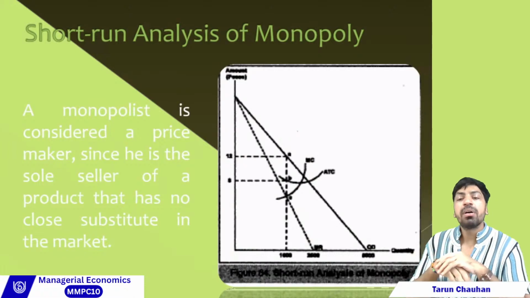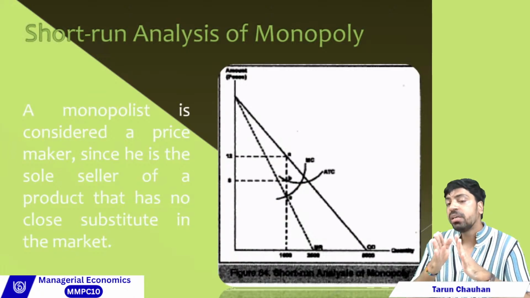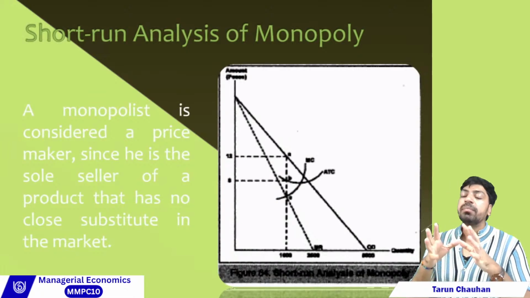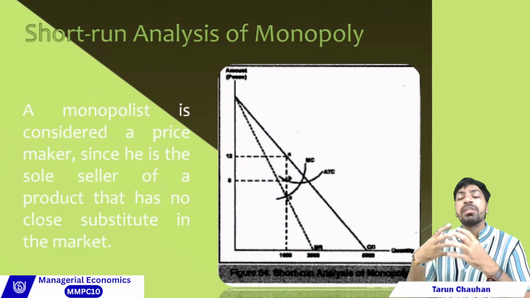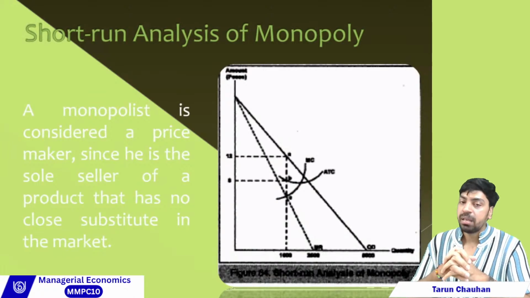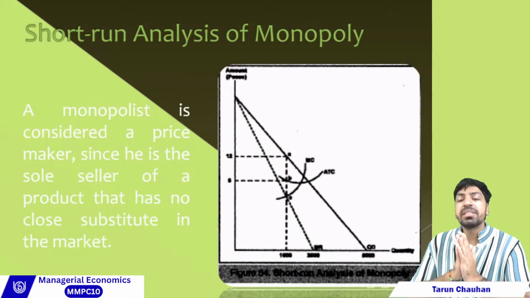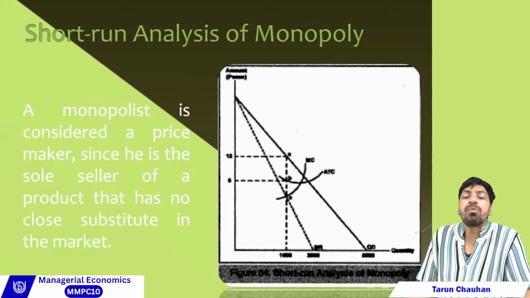So when we talk about OQ, this particular demand curve shows an original demand curve where the sole seller or producer or distributor sells a particular quantity at this particular price, which is 12. Once the price and quantity have been decided by the sole seller, it could be 2000, it could be 1000 at a particular price of 12, 6, 7.